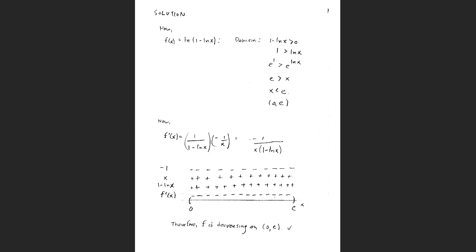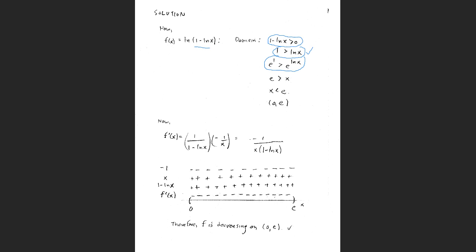I don't know what the values of x are in the domain, but I know that for this function to be defined, 1 minus the log of x has to be greater than 0, which means 1 is greater than the log of x. Then if we exponentiate both sides of this inequality, we get e to the first is greater than e to the log of x. That's just exponentiation, and it doesn't change the inequality sign.